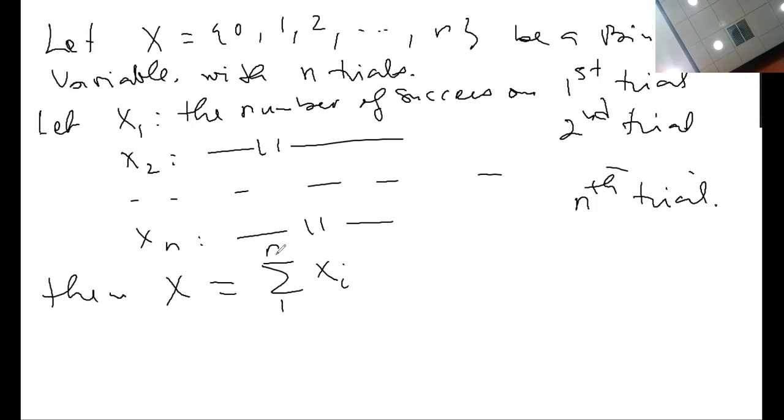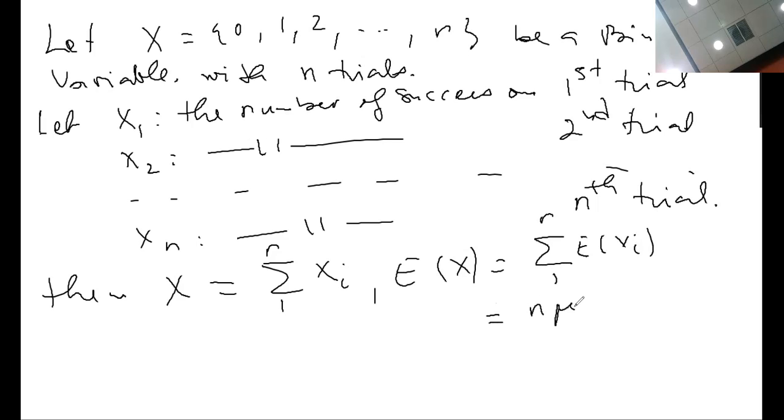So because they are independent, we can say that E of x equals, this does not require independence actually, which is equal to n mu. I'm sorry, np. Which is equal to np.